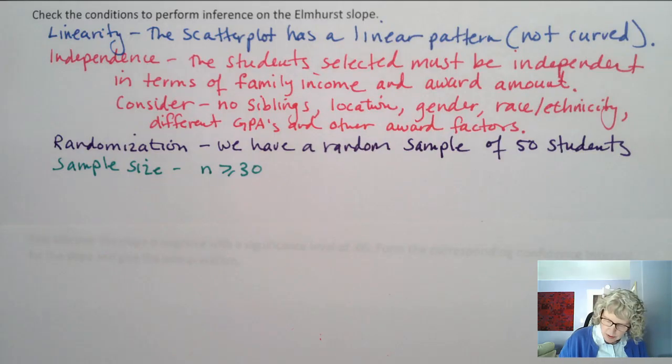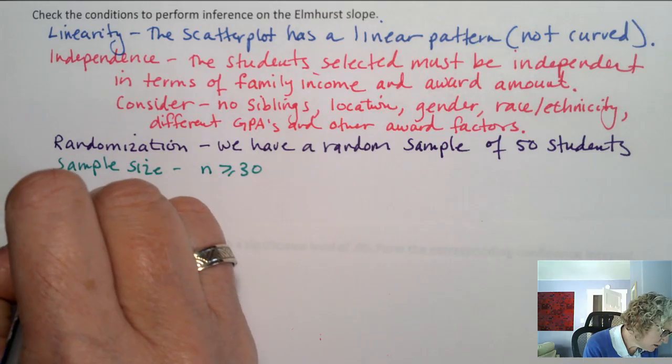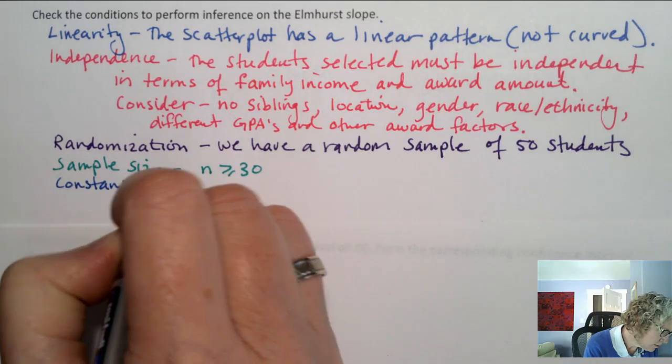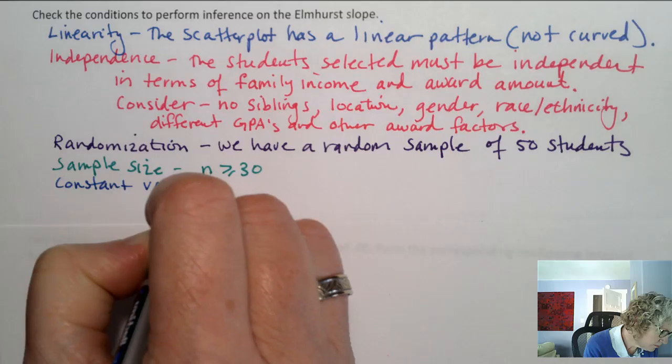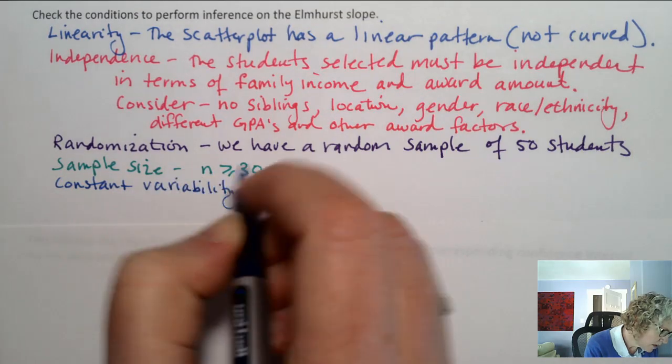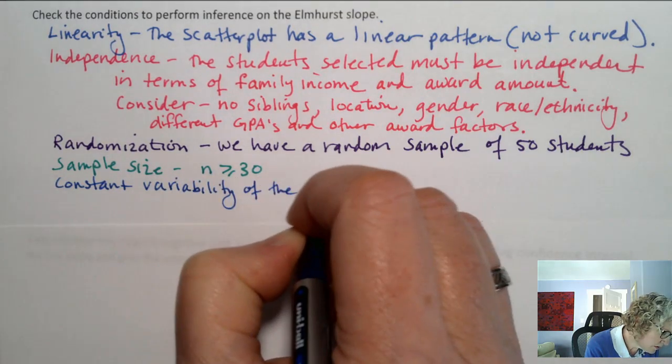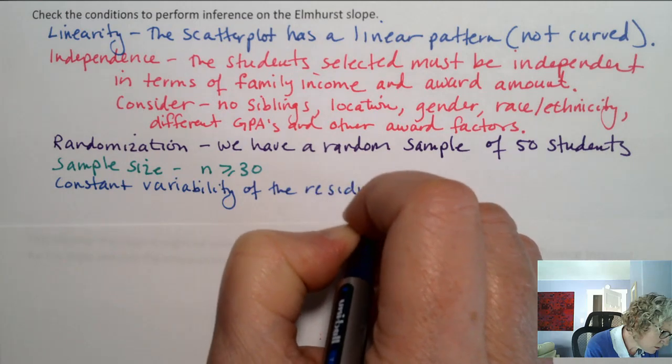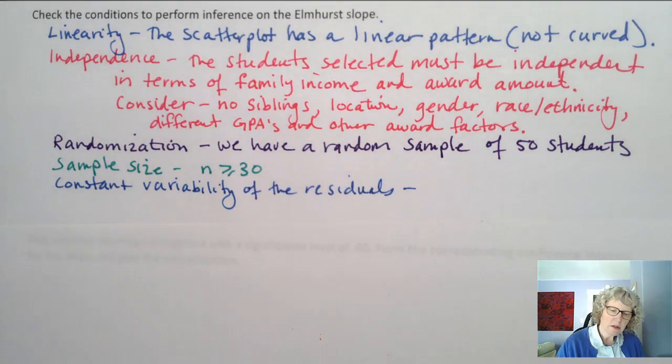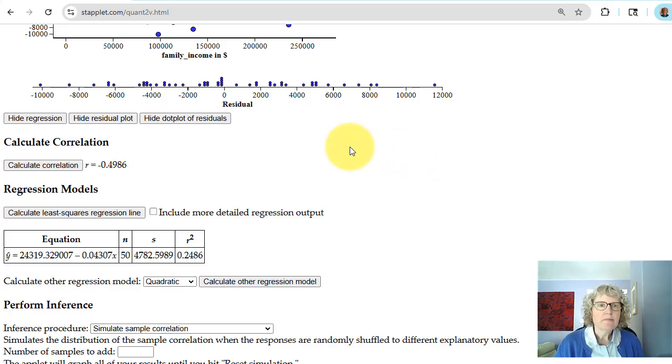And then the last one, this newer one, constant variability of the residuals. This is when we look at the residual plot. I'll just remind you of that.